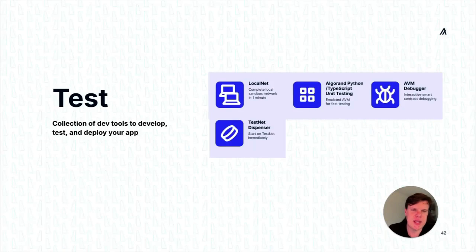AlgoKit's Python and TypeScript unit testing libraries emulate the Algorand virtual machine, so you can test smart contracts without a live network. The AVM debugger lets you step through contract execution to visually spot and fix issues. And finally, the testnet dispenser provides free algo for testnet accounts, making it easy to experiment and develop on testnet.